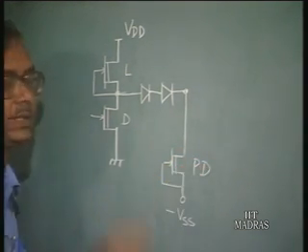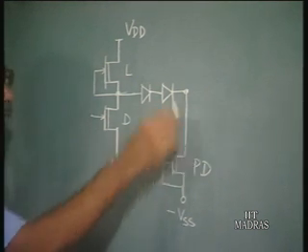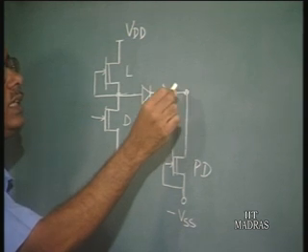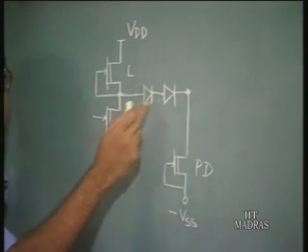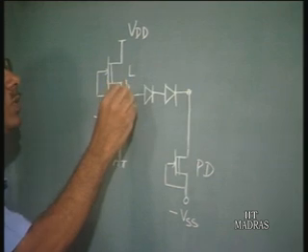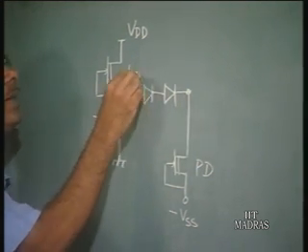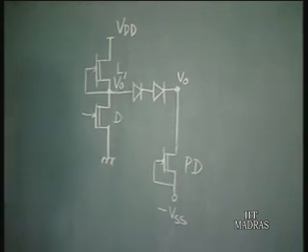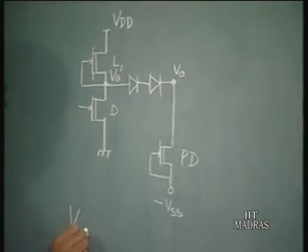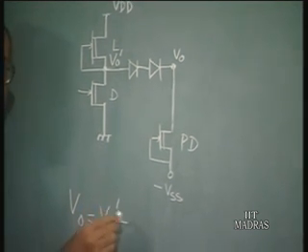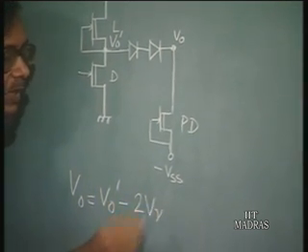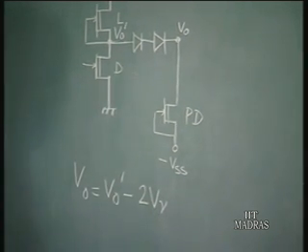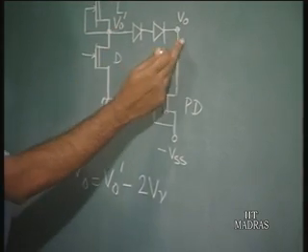Because of the drop across the diodes, this voltage is going to be level shifted by two diode drops. If we call this voltage VO prime, the actual output voltage VO is always going to be VO prime minus twice V gamma, where V gamma is the cut-in voltage of the diodes. So there is going to be a level shift between these two devices.